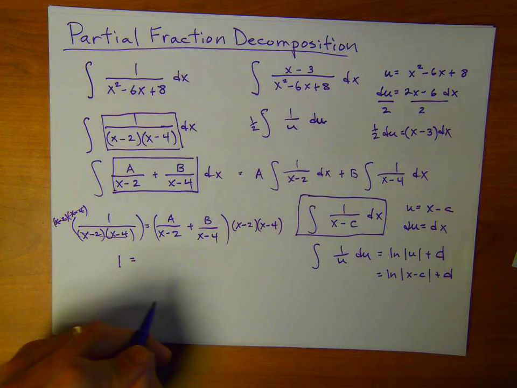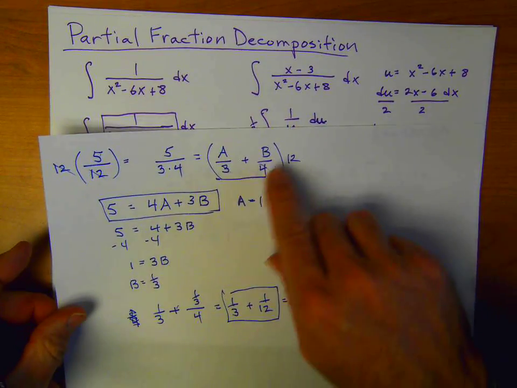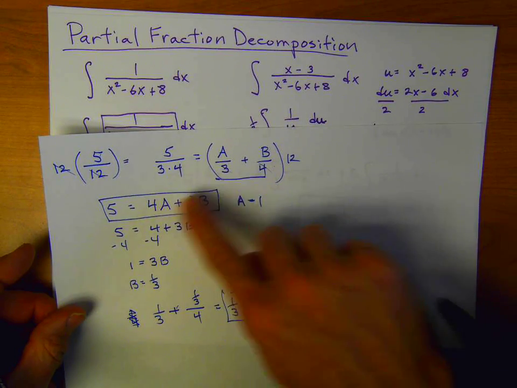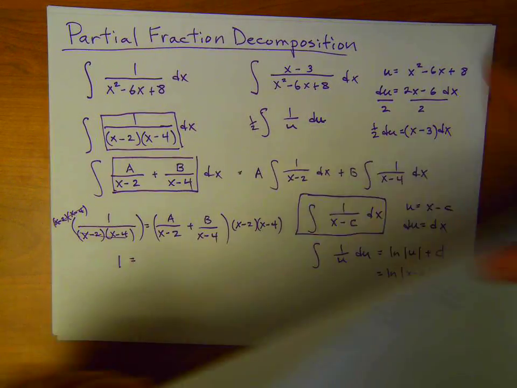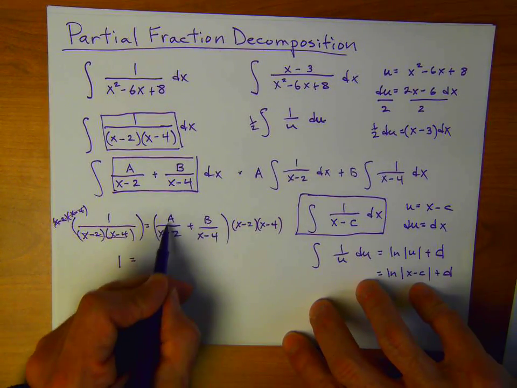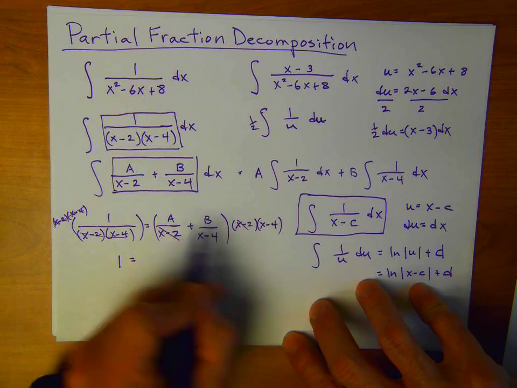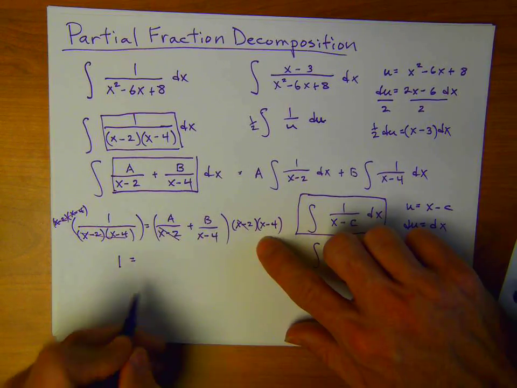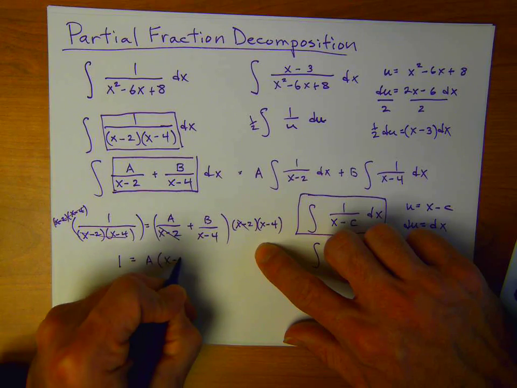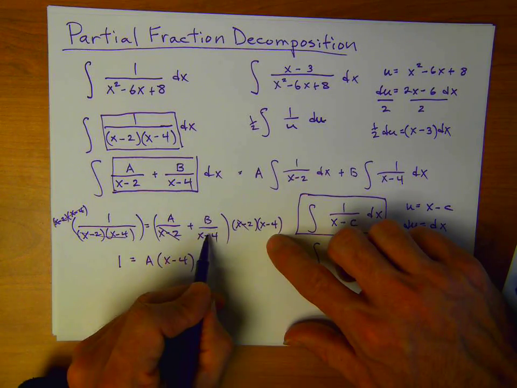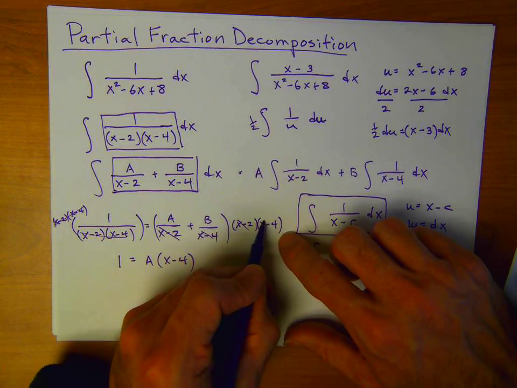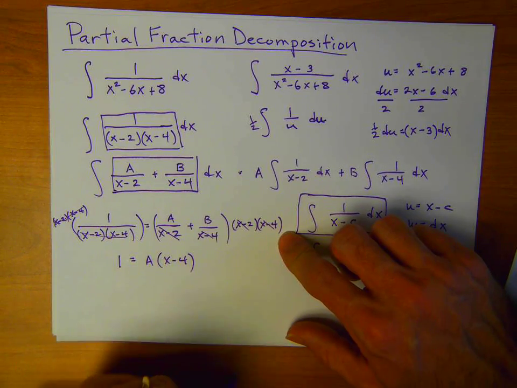And just as we saw here, when we multiplied this, 3 went into 12 4 times, 4 went into 12 3 times. We're going to see some cancellation here, right? This x minus 2 cancels with this x minus 2, and I'm just left with a times (x minus 4), and then multiplying here, this x minus 4 cancels with this x minus 4, and I'm just left with b times (x minus 2).